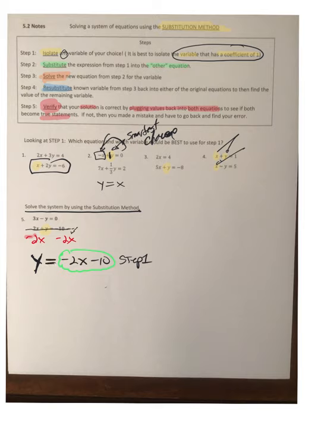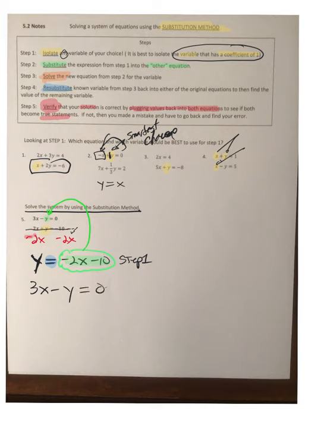Step 2 is to substitute. So remember what equals means. Equals means that wherever you see a y, that y could come out of the game and negative 2x minus 10 could go in place of wherever you see a y. So I'm going to take out the y in the top, and I'm going to substitute this in place of that y. So I'm just going to recopy it for a second so we can see it better.